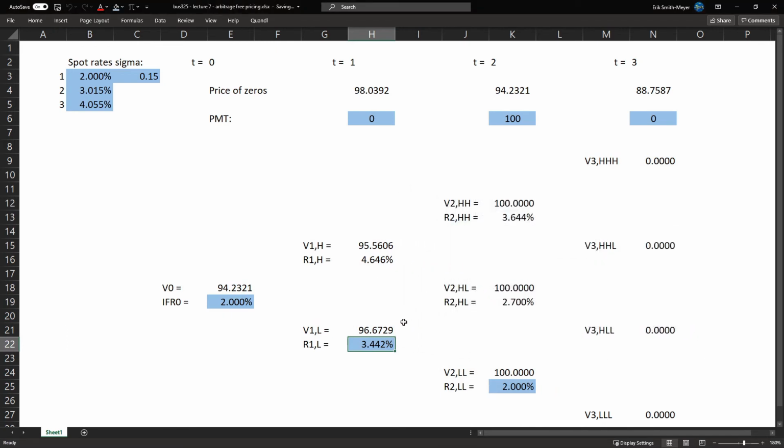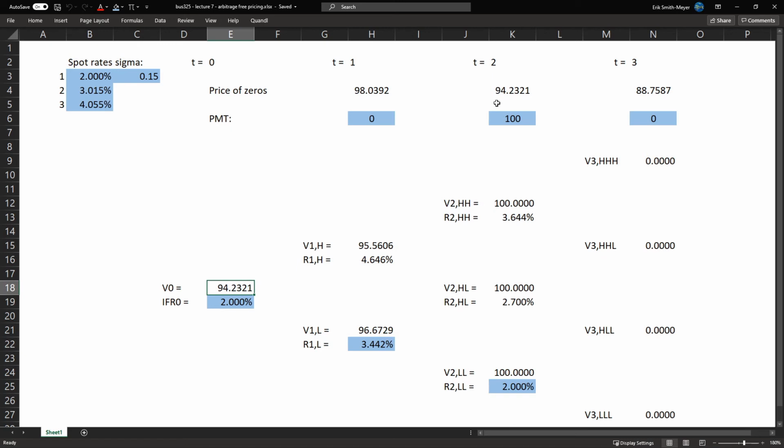keep the solver solution, and we have a new down move if this interest rate has a down move of 3.442%, and hence a 2 standard deviation above that, a high move of 4.4646, then our 2-year zero coupon bond gets a value of 94.2321, which is coincidentally equal to the market price.